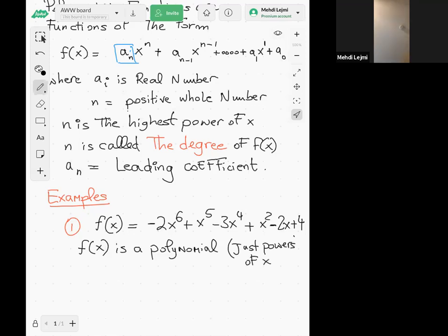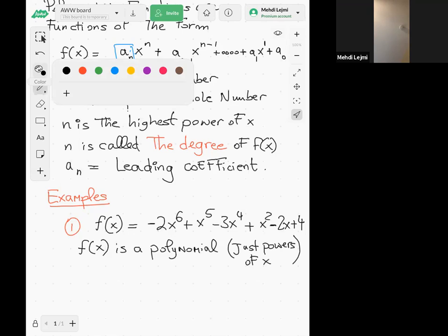Now, what will be n, the degree of this polynomial f of x? What will be the highest power of x here? Well, the highest power of x is 6.